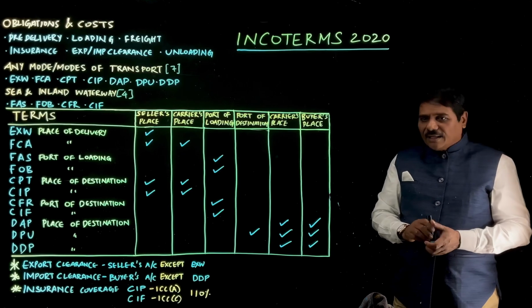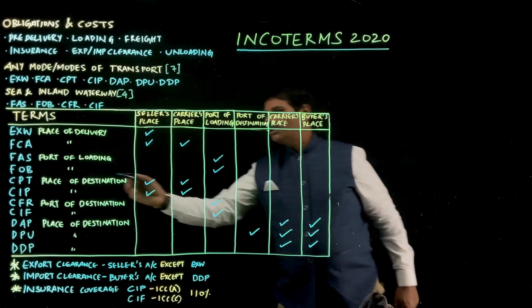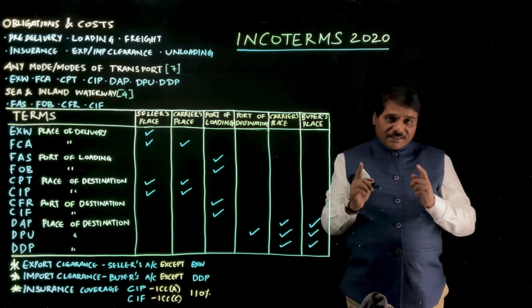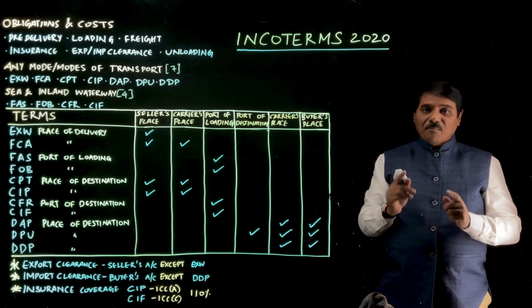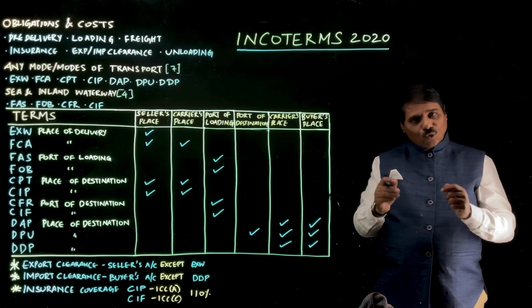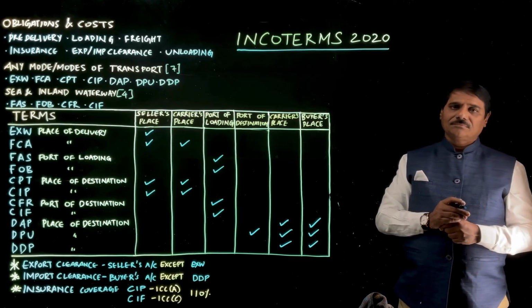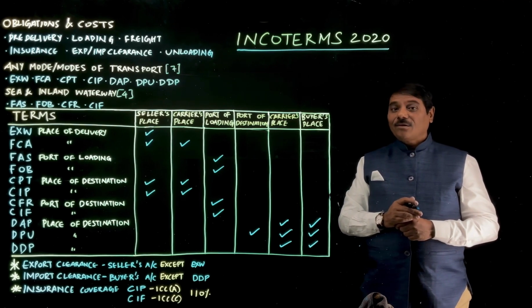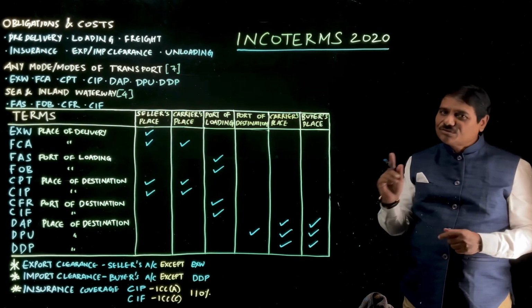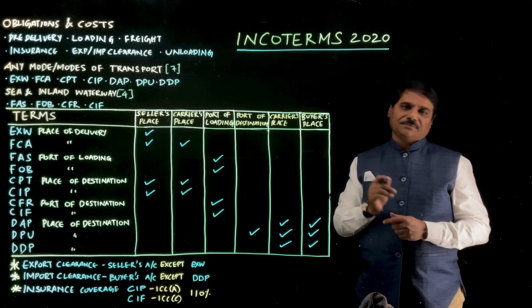So, as I said, these 2 terms, FAS and FOB, are used for bulk shipments like coal and crude oil. Not for containerized goods, these 2 terms are not appropriate.